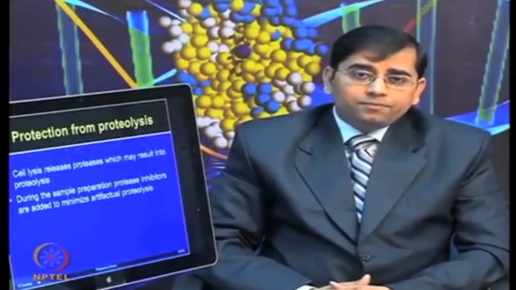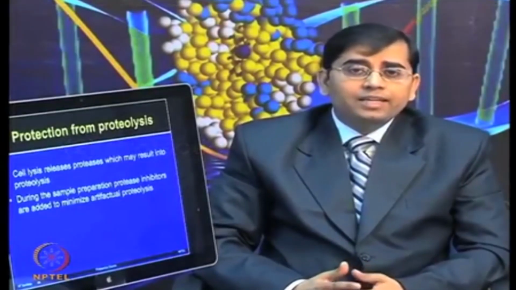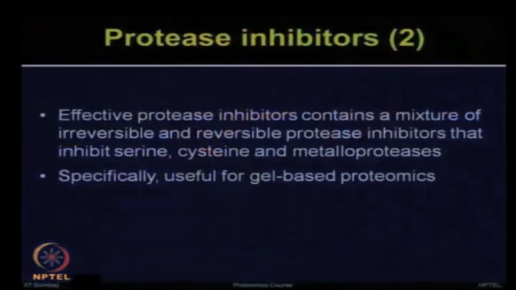So, cell lysis will release various proteases which may result in proteolysis. During the sample preparation, one can use different types of protease inhibitors which can minimize the artifactual proteolysis.